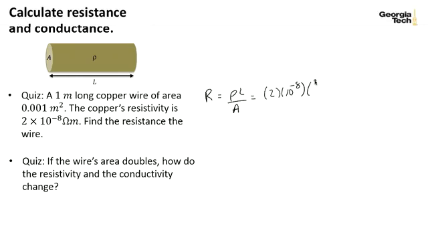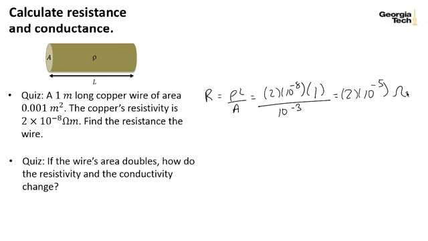Our length is 1 meter, and our cross-sectional area is 10 to the minus 3. So that gives us a resistance of 2 times 10 to the minus 5 ohms.